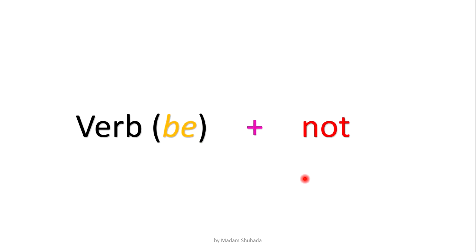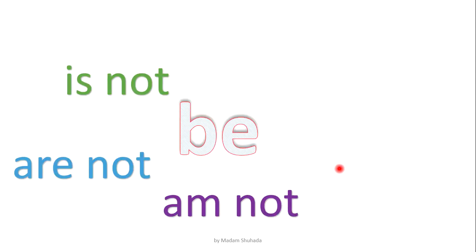Yes, this can be something new for you, but never mind. Let's do this together. The word not here means tak, in Bahasa Melayu, or to deny something. It will become is not, are not, am not.